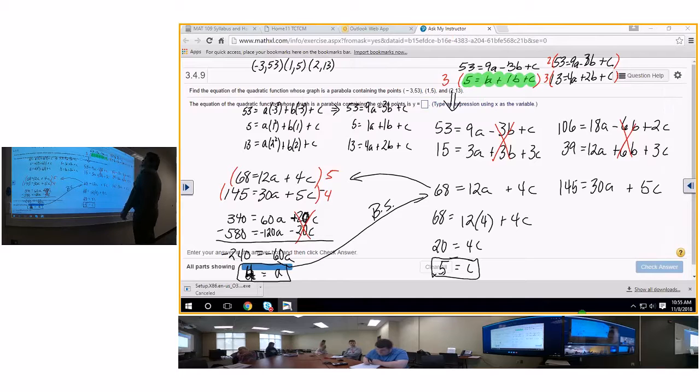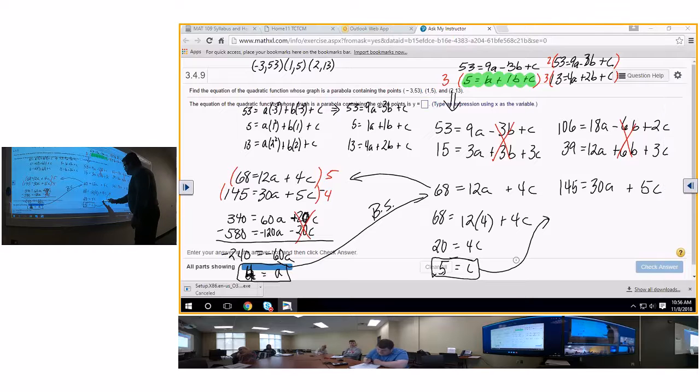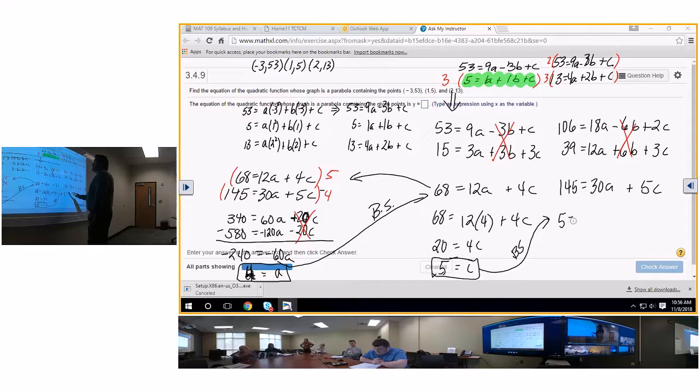So back substitute this one and A. So that's going to be 5 is equal to 1 times 4 plus B plus 5. And 5 plus 4 is 9. Be a negative 4, so B is equal to negative 4. That's good.